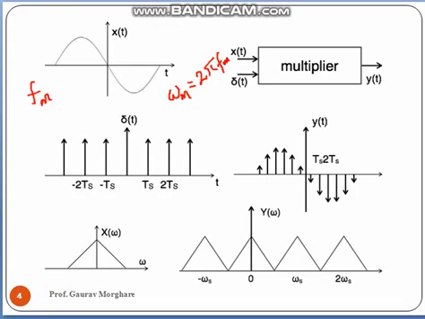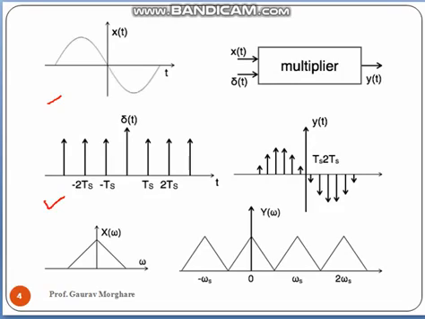So there should be no confusion in that. In the statement it is mentioned as fm, but in the figure we are describing it by omega m. So what we are doing is multiplying this signal with this train of impulses. This is our basic signal and this is the train of impulses.